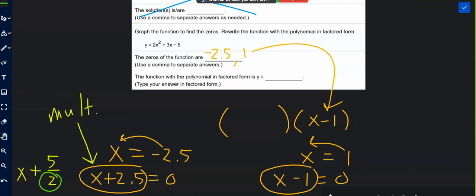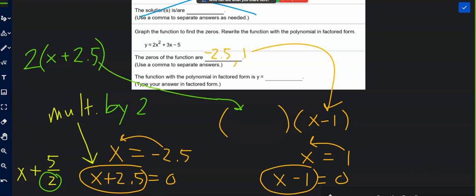Well, we're going to multiply by that denominator, which is 2. What happens when you take x plus 2.5 and multiply it by 2? Well, you get nice numbers. You get the other factor that I was looking for, 2x plus 5.